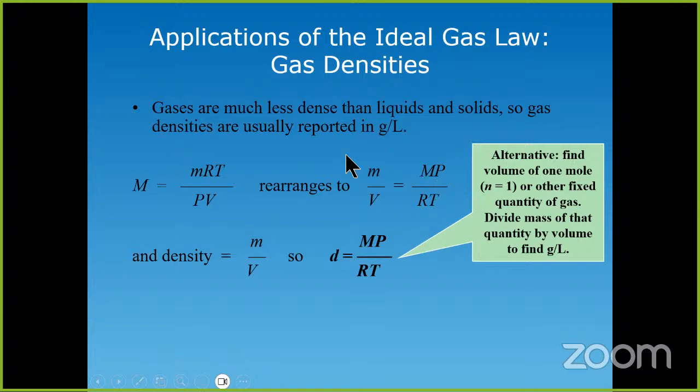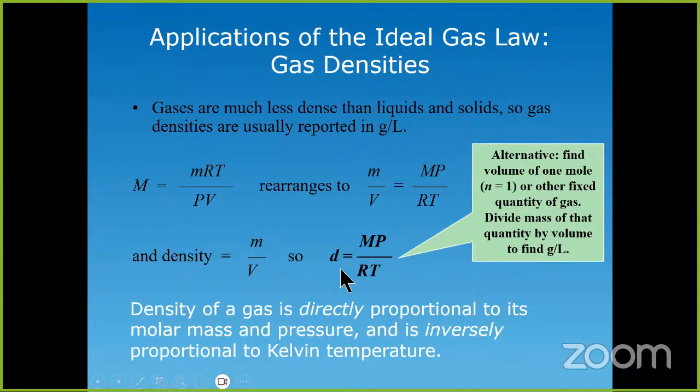And m over V is, by definition, the density. So the density of a gas is equal to the molar mass times the pressure divided by R times the temperature, expressed in Kelvin.